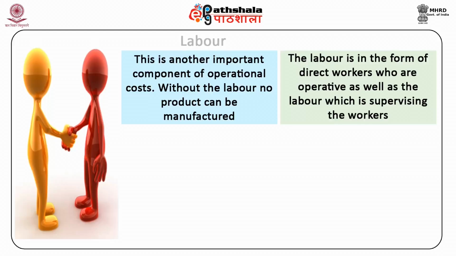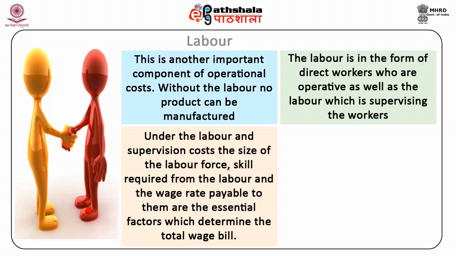The labor is in the form of direct workers who are operative as well as the labor which is supervising the workers. Under the labor and supervision cost, the size of the labor force, skill required from the labor, and the wage rate payable to them are the essential factors which determine the total wage bill.